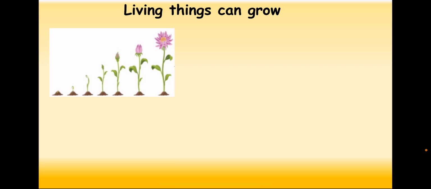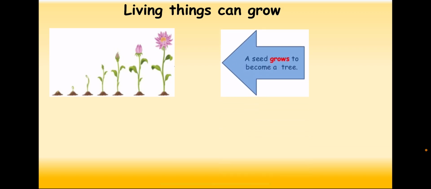So this is the life cycle of a tree. When you put the seed into the soil, it slowly grows into an adult plant. In the fruits and flowers we get the seeds, and again we put that seed into the soil and it grows into an adult plant. So a seed grows to become a tree.